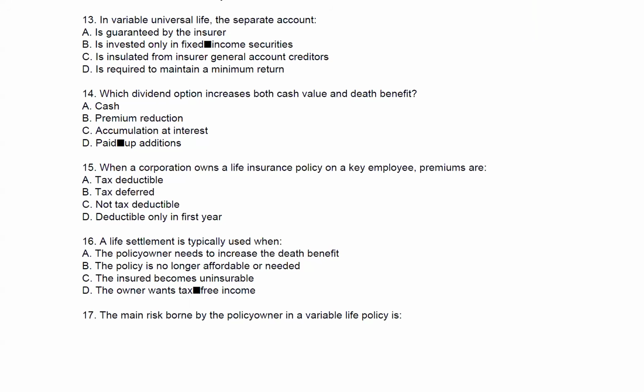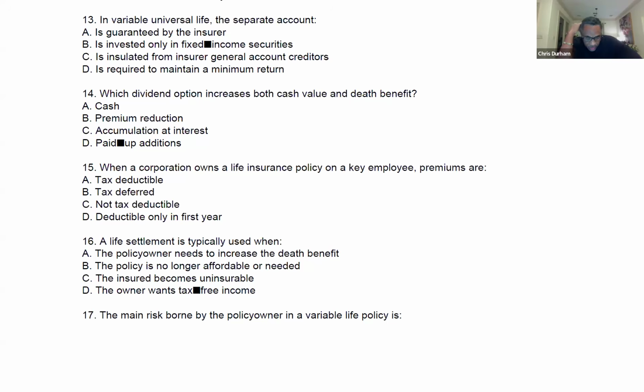Is this kind of tricky? Yes, Lord, it's tricky. So it's either B or C, and I'm gonna say B. Right, the answer is B.